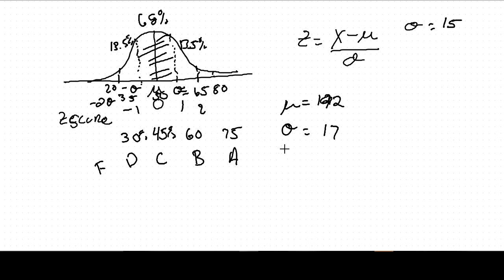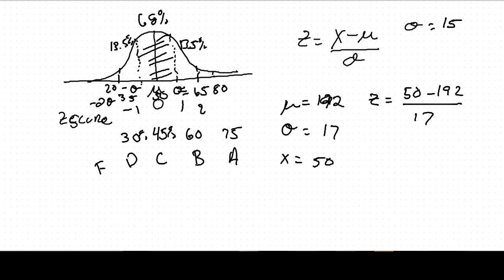So each one of those points is actually your x value. So for the first x value, that would be 50. Okay? So now we're just going to use this equation to figure out where on this bell curve that score actually lies. So I'm going to say that the z-score is equal to 50 minus 192 all over 17.